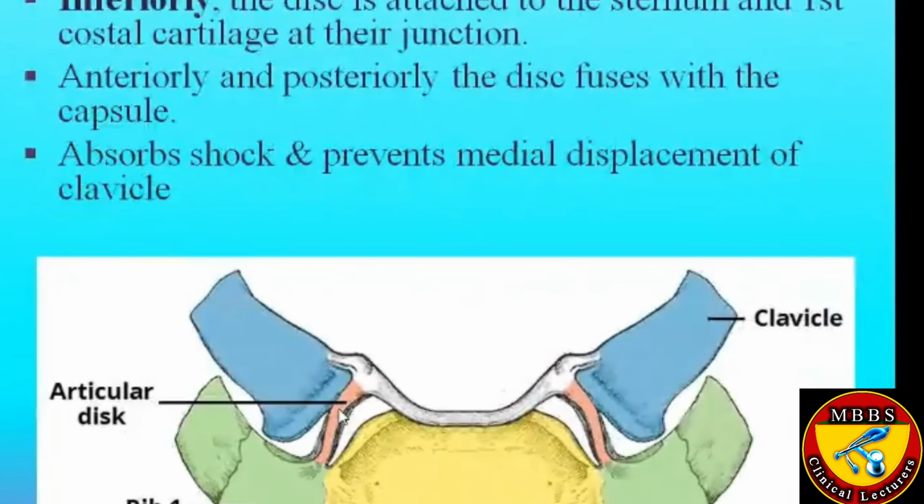Inferiorly, this disc is attached to the sternum and the first costal cartilage at their junction. Anteriorly and posteriorly, the disc fuses with the capsule, and its function is to absorb shocks and prevent the medial displacement of the clavicle.